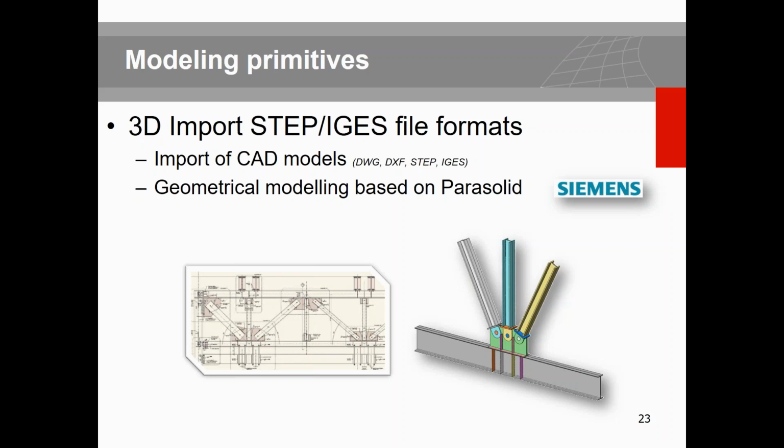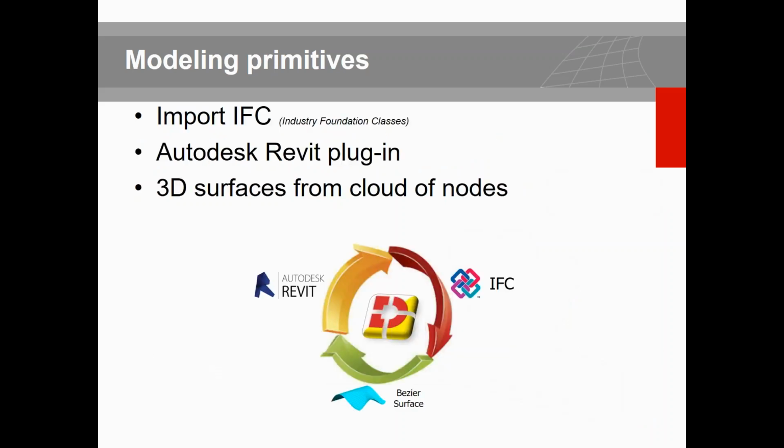In Dana, you can use the Parasolid tools to interact and exchange them. For IFC, as I mentioned, you can use that from Revit and directly import it. Also, if you have a cloud of nodes, you can use our Bezier surface generator to import the cloud of nodes, and it automatically generates a three-dimensional surface for you.